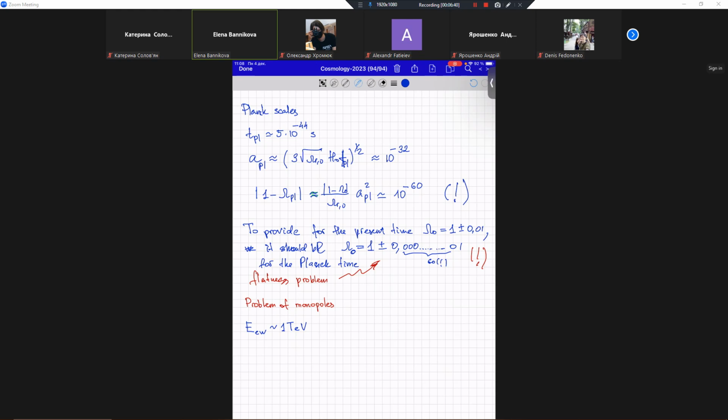And what is tera electron volt? 1 tera electron volt is 10^12 electron volt. If we recalculate for the corresponding temperature, as an estimation we can use this electroweak energy divided by the Boltzmann constant. Then we obtain approximately 10^16.